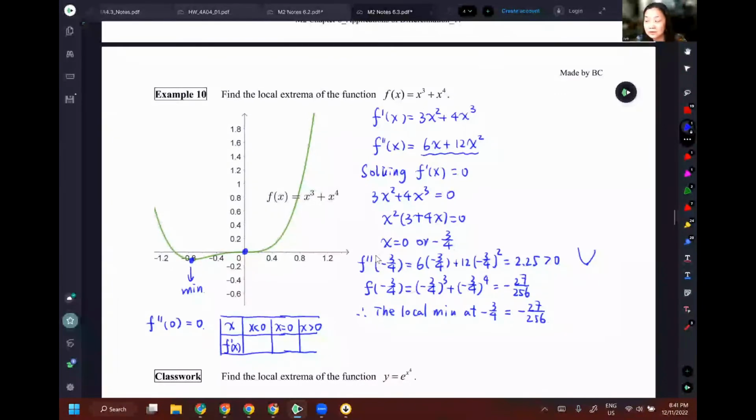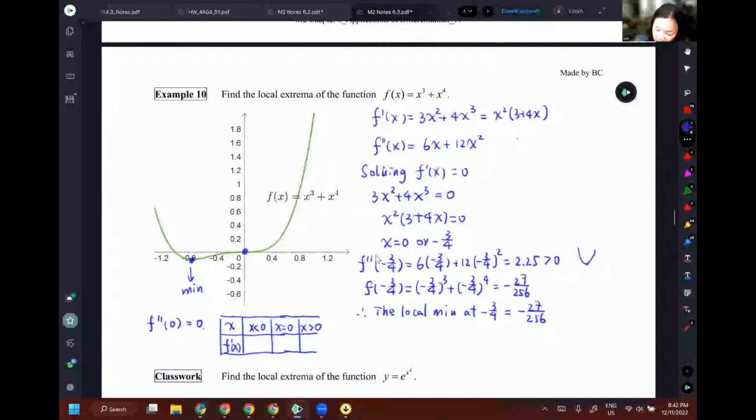The first derivative is easy to factorize. Not the second derivative, the first one. Take out x squared and then 3 plus 4x. It's easy to see whether it's positive or negative from the factorized form, because I can look into each individual factor.